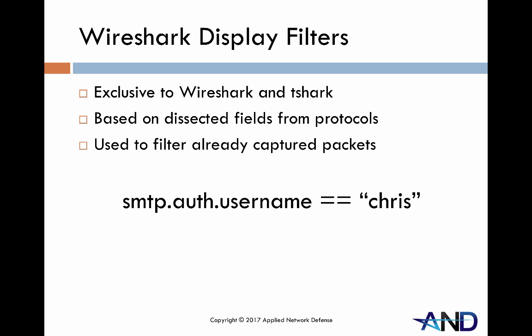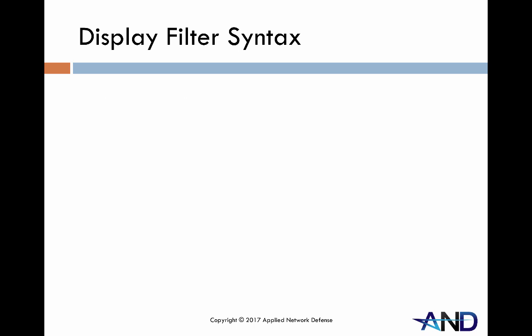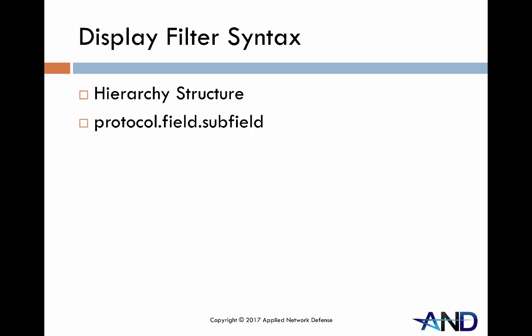As you may have observed in the last example I just showed, the syntax for Wireshark display filters is actually pretty straightforward and pretty easy to follow. You just have to remember that it exists in a hierarchy. So that means there's levels in the structure that makes up these protocol filters. And that's really going to take the form of protocol.field.subfield. So you start on the left with the protocol you want to filter based upon, so very similar to capture filters.